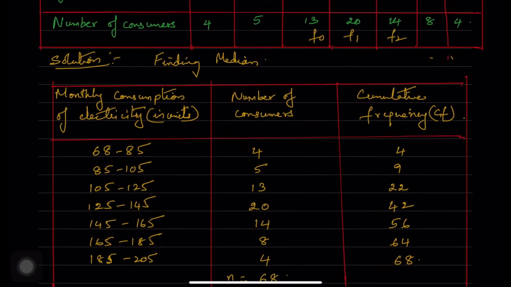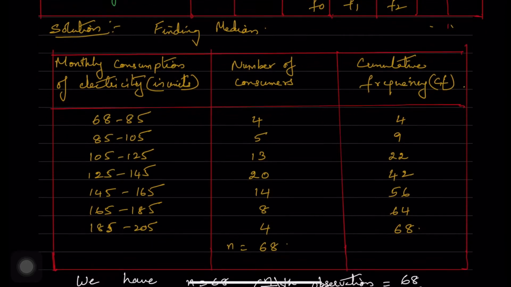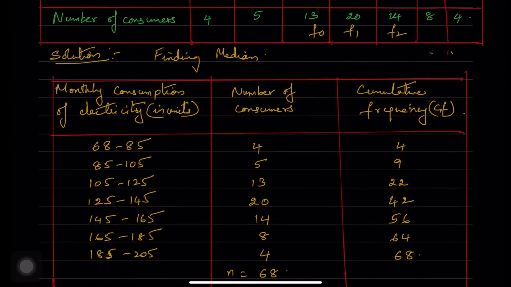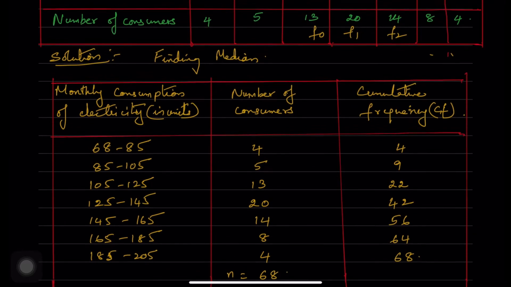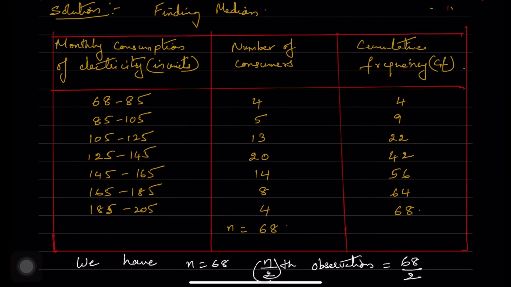For median we have to find the cumulative frequency. First you write down the class intervals, then the frequency. After writing down the frequency, for the cumulative frequency the first frequency is written as it is, that is 4.